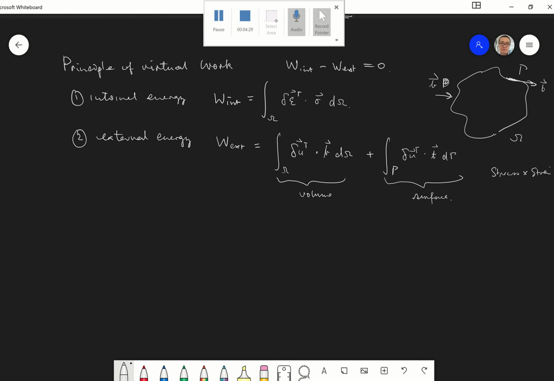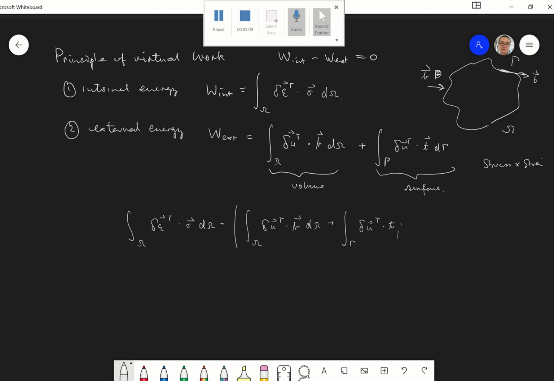What you're looking at is the integral over omega of delta epsilon transpose sigma d omega, minus the integral over omega of delta u transpose b d omega, plus the integral over gamma of delta u transpose t d gamma, equal to 0.